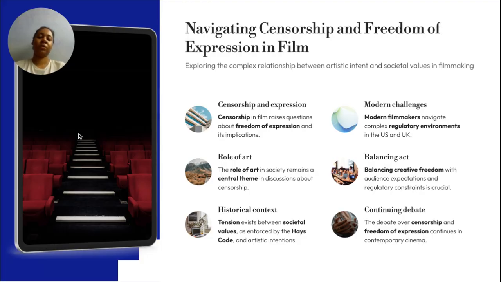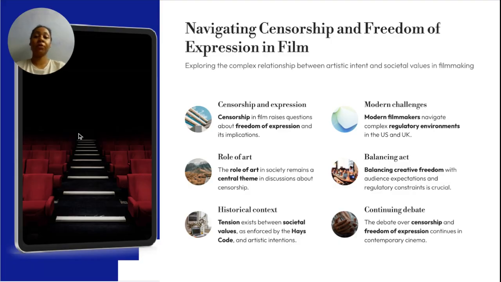Historical context. Tensions exist between societal values as enforced by the Hays Code and artistic intentions. So there is still a historical element to it in terms of the censorship. The Hays Code does have an impact in many ways in its legacy.